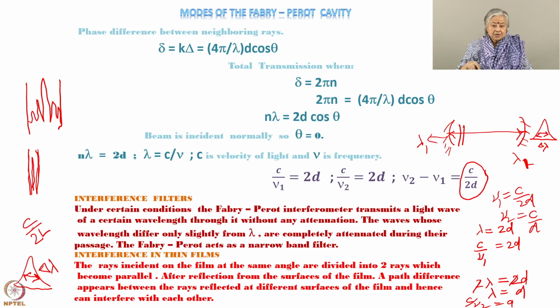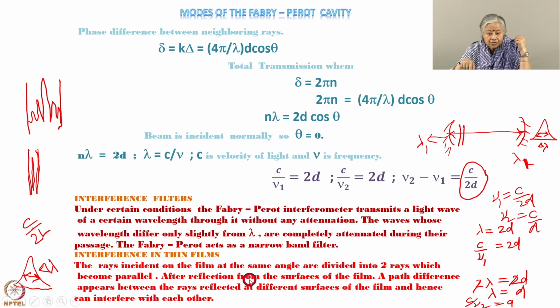So this whole principle, interference in thin films, also follows the same principle of multiple beam interference by amplitude division. Thin films are the same.